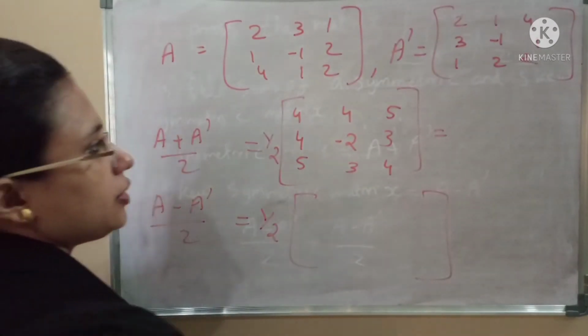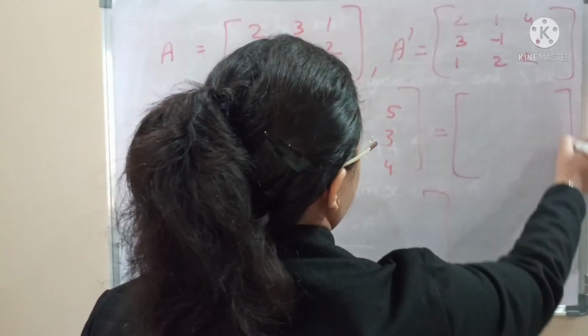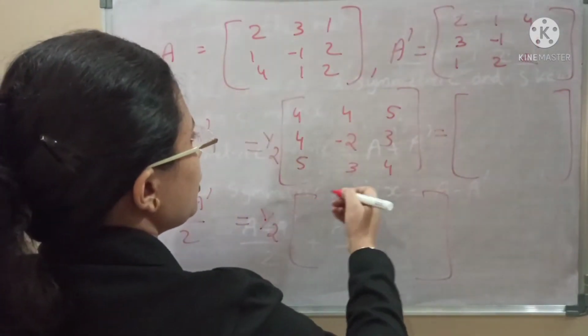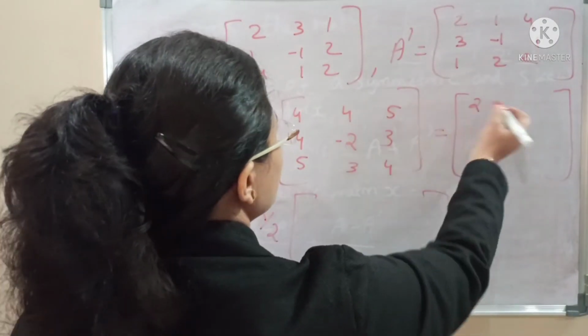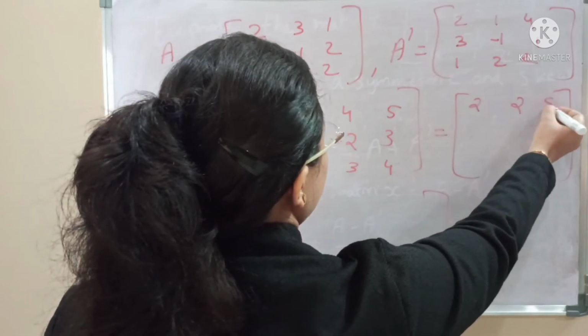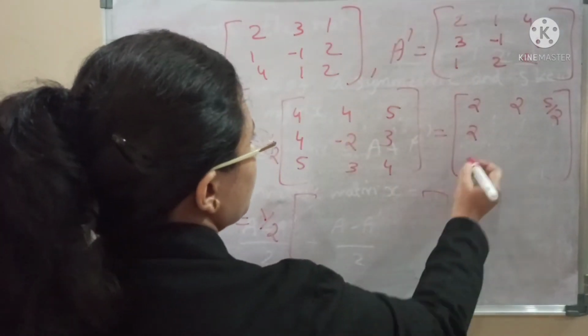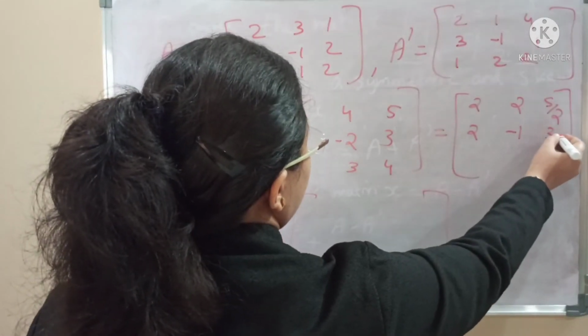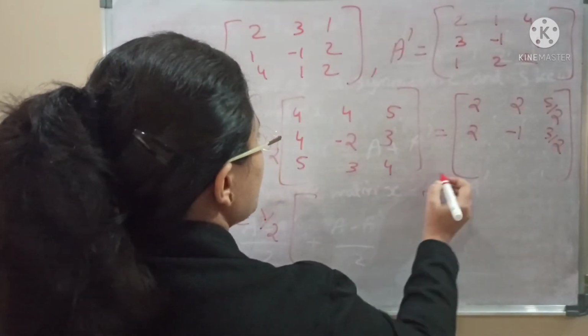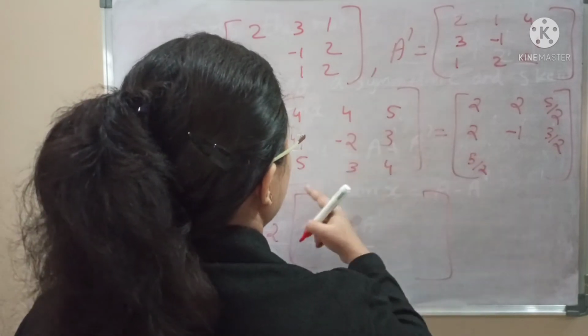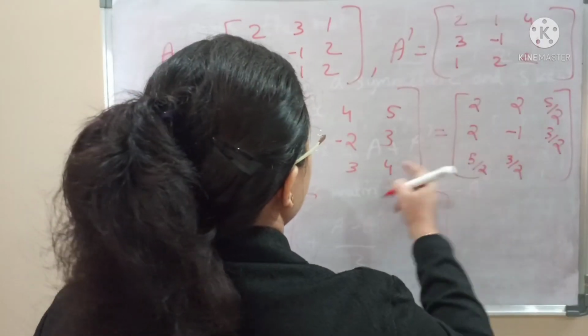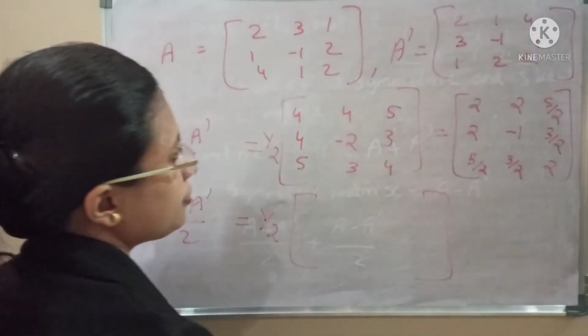Now divide it with half. So it will be 4 by 2 2, 4 by 2 2, 5 by 2, 5 by 2, 4 by 2 2, minus 2 by 2 minus 1, 3 by 2, 3 by 2, 5 by 2, 5 by 2, 3 by 2, 3 by 2, 4 by 2 2.